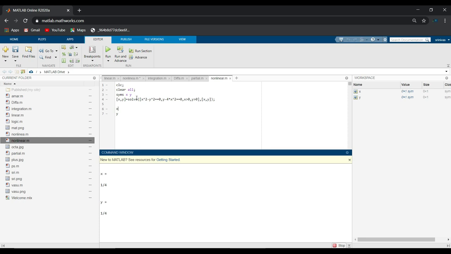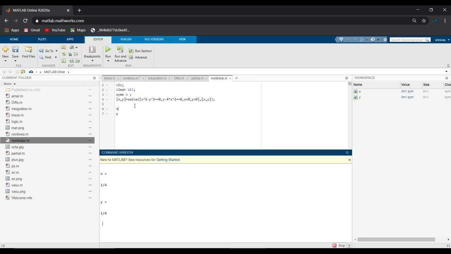If you are taking more than two variables, then you need to specify x, y, z. If you are using more variables, x, y, z, w, in such a way you need to specify them first. Then anything you want to include, however you want, but I am taking the x value and y value.